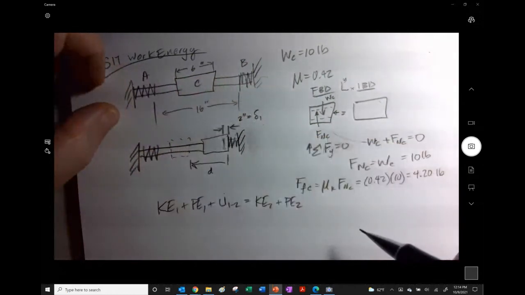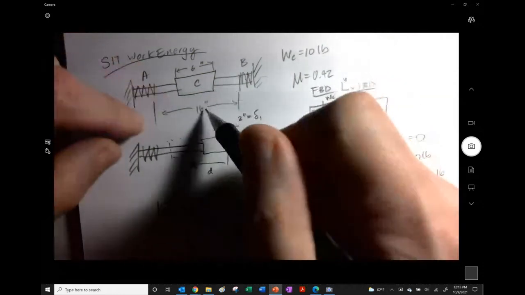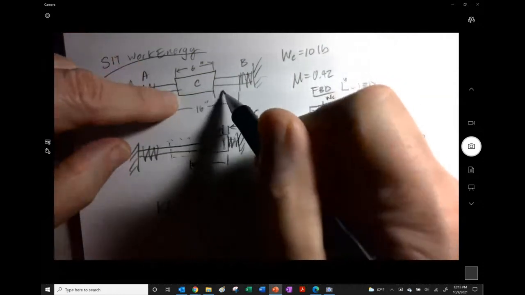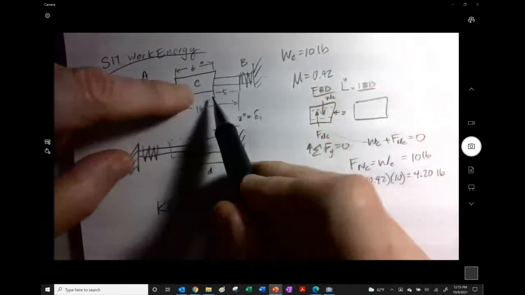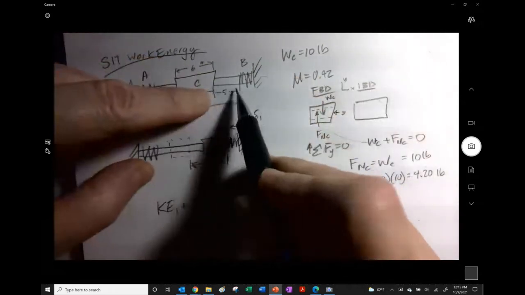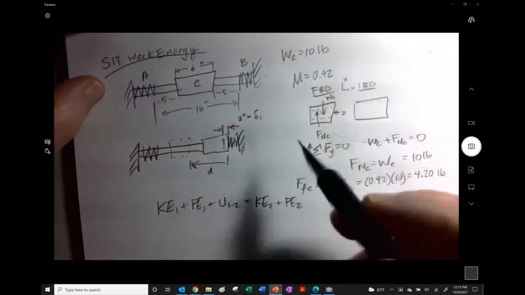So the initial difference between C and B was 10 inches, so it moved over all 12 inches to C. I guess what you'd say, okay, well, actually there's only 5 inches here, yeah, 5 here. So it has moved 7 inches. Yes. Okay, yeah, now I understand.